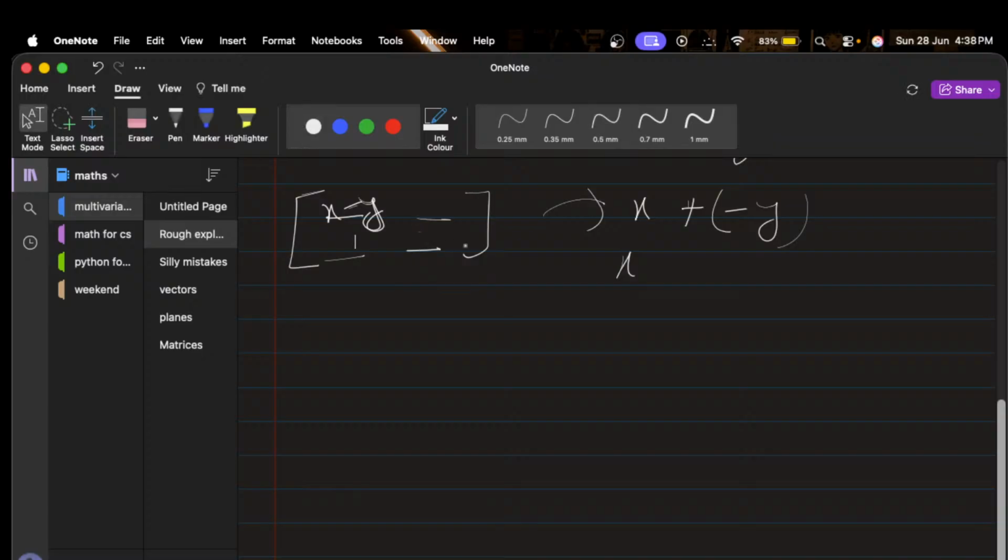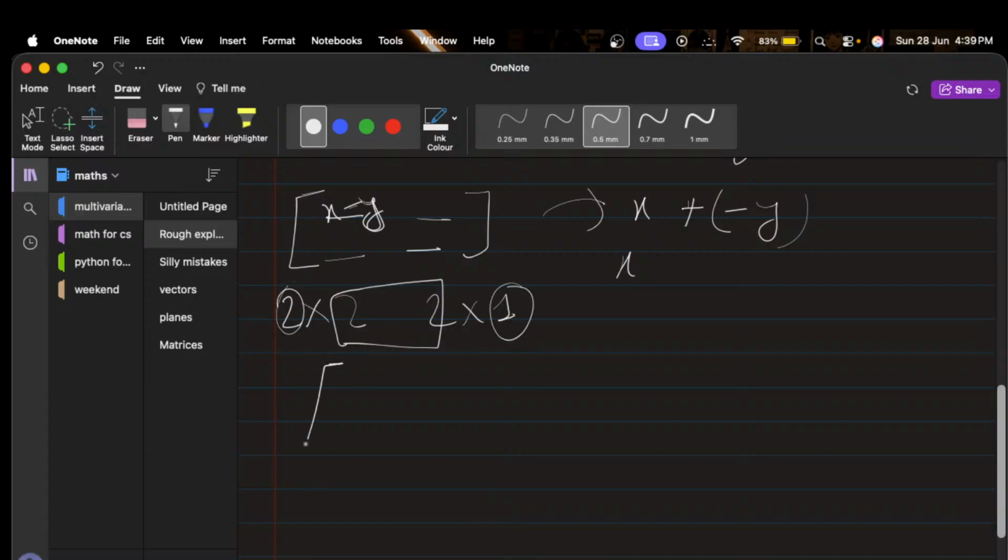Actually, the matrix was 2 cross 2 and the other one was 2 cross 1, so the result would be a 2 cross 1 matrix. We figured out the first entry, x minus y, and the second is 4x plus minus 8y, so 4x minus 8y.